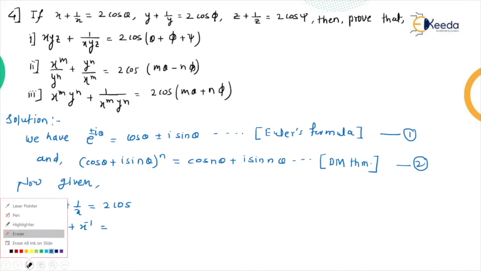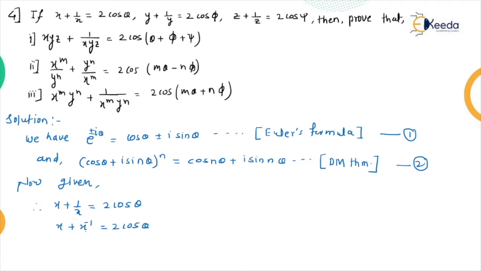Comparing, I can write x plus x inverse as e to the power i theta plus e to the power minus i theta, instead of 2 cos theta.